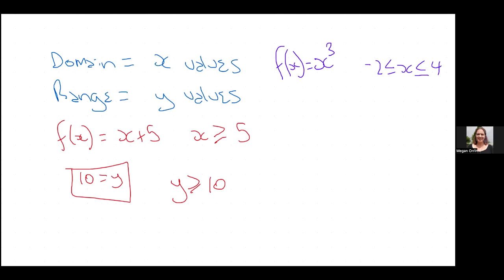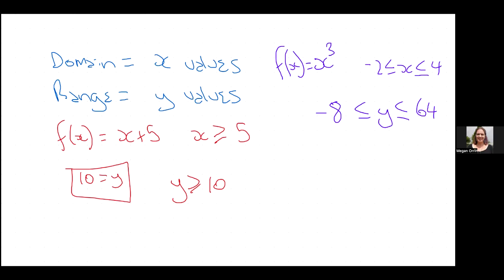What's my range when x is -2? -8, good, because I'm cubing a negative, so it goes back to being negative. And then what happens when I get to 4? Okay, so my range restriction is between -8 and +64. Does that make sense? I'm really just plugging it in and finding my output.